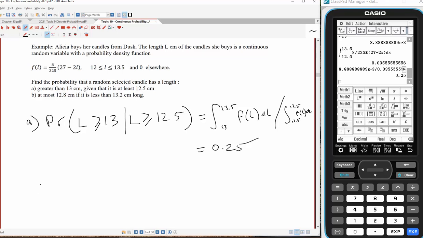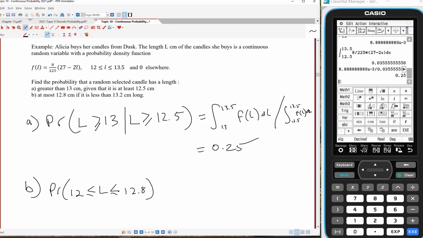Okay, B. At most 12.8 if it is less than 13.2. So probability that it's between 12 and 12.8. So 12 less than or equal to L less than or equal to 12.8.